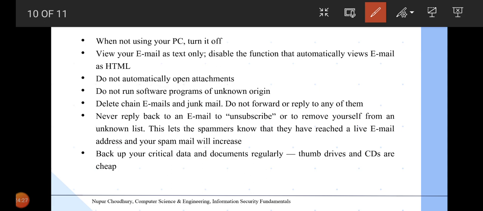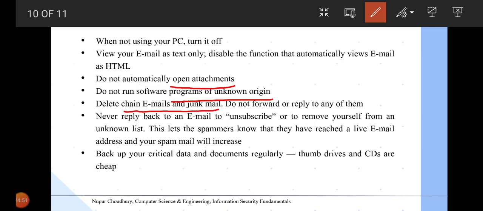Do not automatically open attachments, because those attachments might have malware which might get automatically installed when you open them. Do not run software programs of unknown origin. It is extremely important that we verify the software license as well as the various protocols associated with it. We have to delete chain emails and junk email.